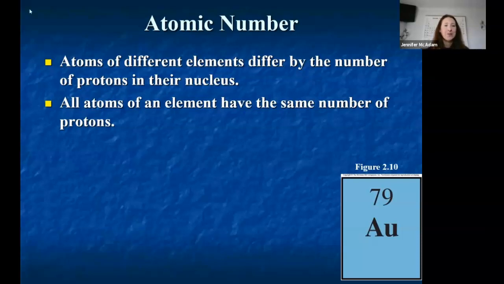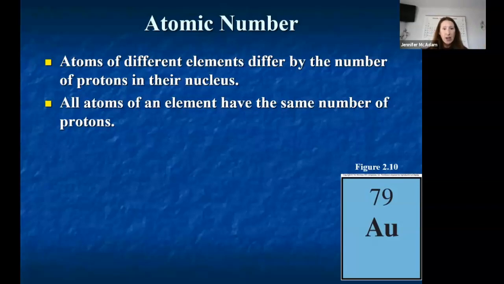Okay, so now, protons. Remember, protons are in the nucleus. So what determines the identity of an atom is the number of protons in the nucleus. Like, for example, oxygen. We can breathe oxygen because of the number of protons in the nucleus. And the reason that oxygen has the properties it does is because of that number of protons in the nucleus.